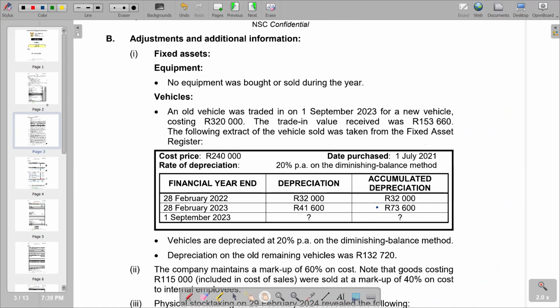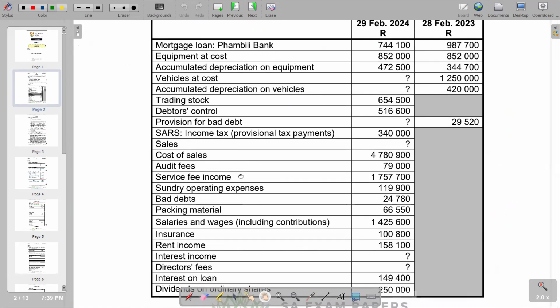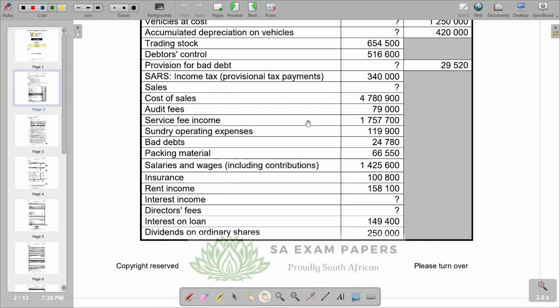If we go to the list that we are given, you'll see that we check for other incomes. A service fee, we've identified it. It is already pre-entered. So we look for the other items that we have there.